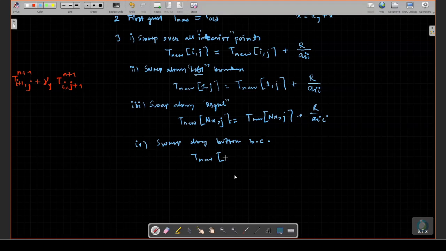At the bottom, your i is varying, and T new i1 plus residual divided by aii coming from that equation, number 5. Sweep. This is another loop. Sweep along the top boundary, not boundary condition, the top boundary.